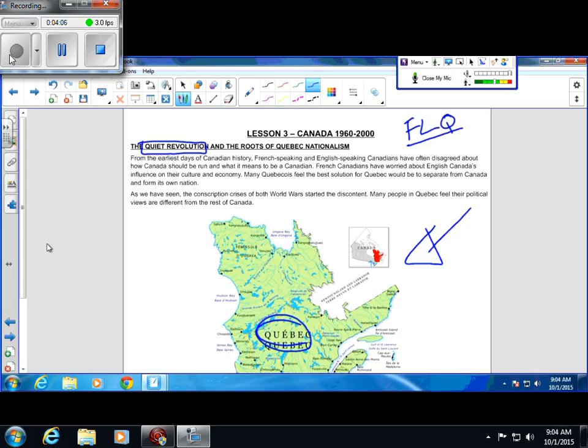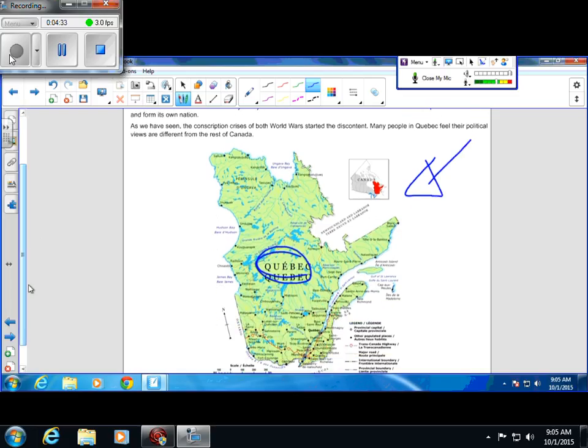Many Quebec citizens feel that the best solution for Quebec would be to separate themselves from Canada as a whole and as a nation. Quebec wants to be its own distinct nation, with its own sovereignty, culture, economy, and way of life. This is what Quebec citizens and the French-speaking Canadians want, and this is what continues during this time period, with the conflicting views of the English and the French.